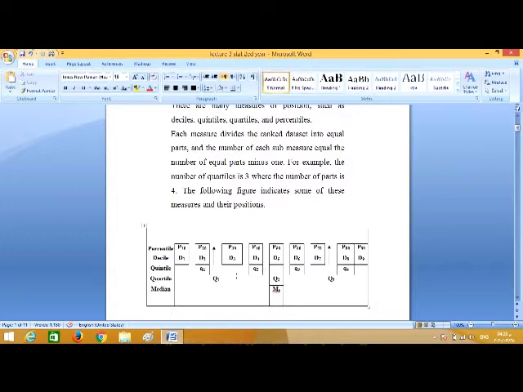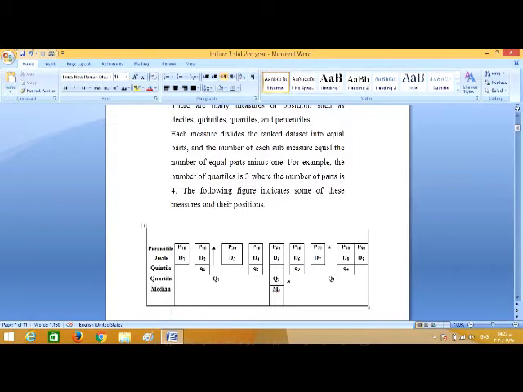Okay, so we can say that quartiles divide the data set into 4 equal parts. This one part, second part, third part, and fourth part. And the number of quartiles is 3. So why 3? 4 parts minus 1 equals 3.